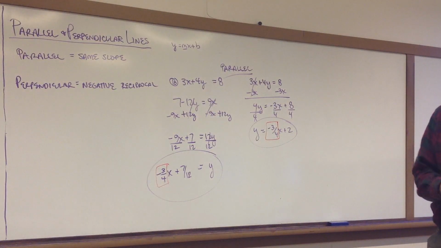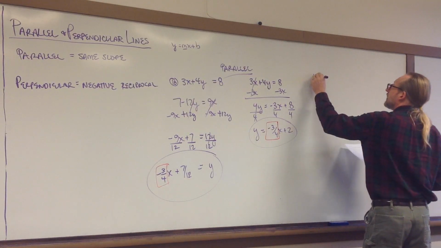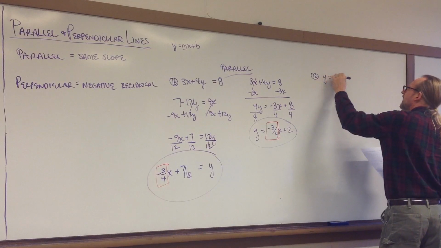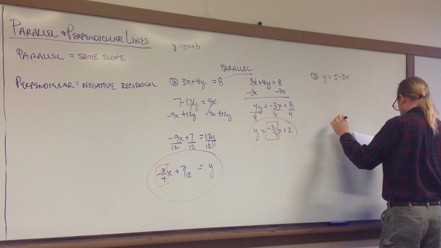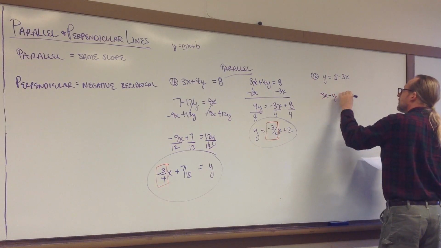All right, one more in this section here, problem 12. Let's see what we get. 5 minus 3x and 3x minus y equals 8.